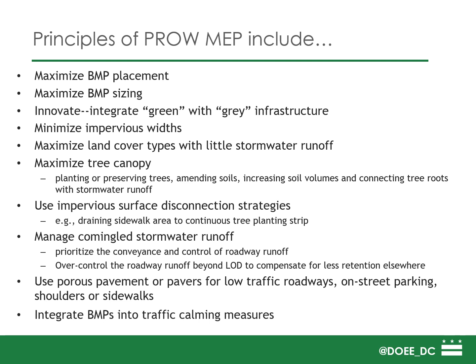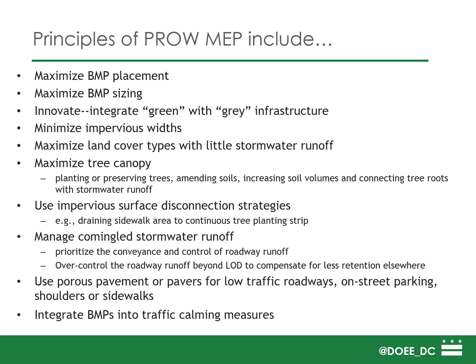But you have to maximize, and the way you maximize is by maximizing the BMP placement, maximizing BMP sizing, getting innovative by integrating the green and the gray. So that example of a tree pit, bioretention tree pit, where you're combining a bioretention with an underground or under-pavement storage.